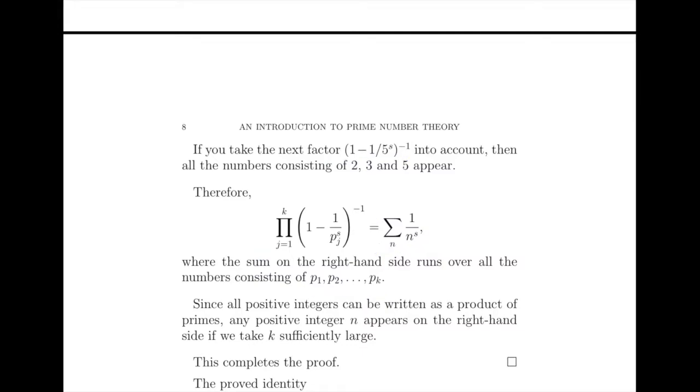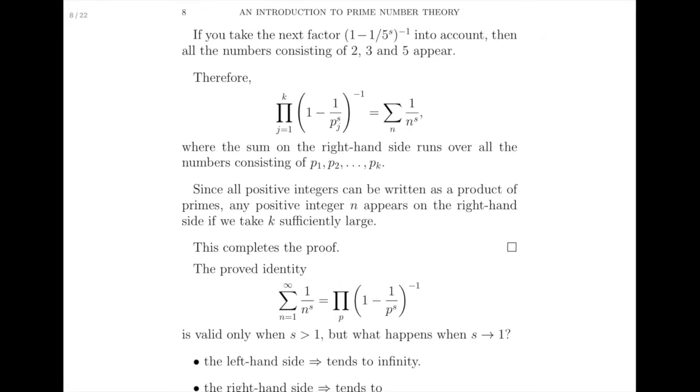And actually, all positive integers can be written as a product of primes. So therefore, any positive integer n appears on the right-hand side if we take k sufficiently large.